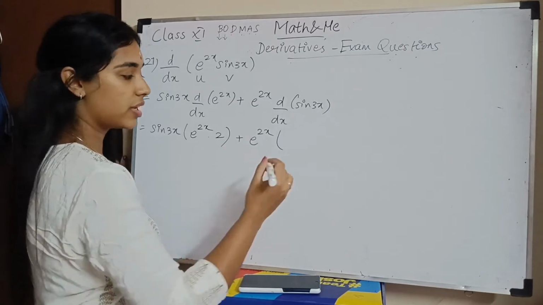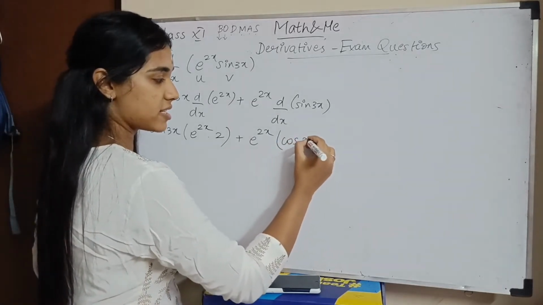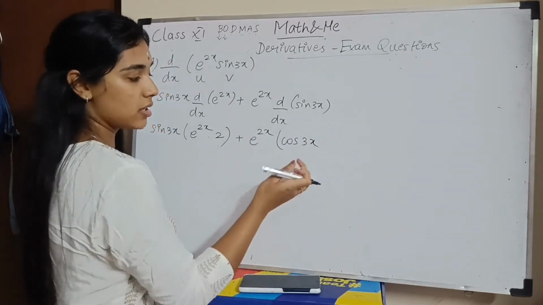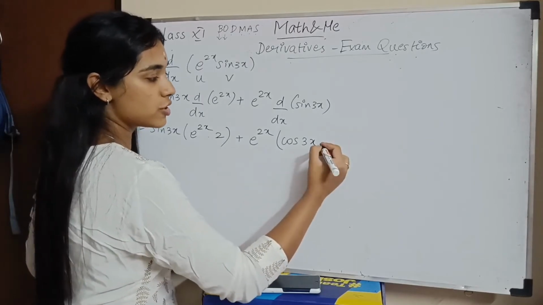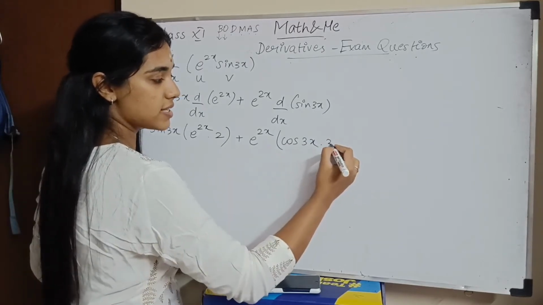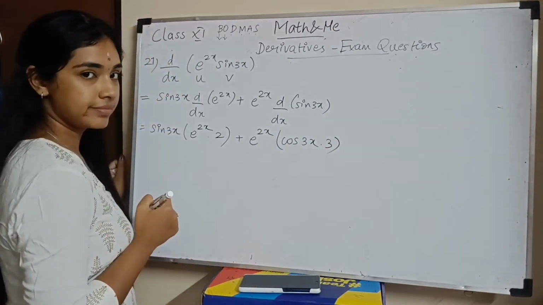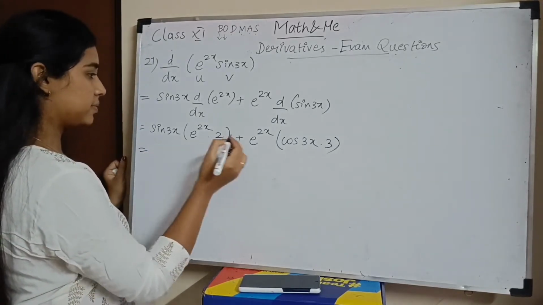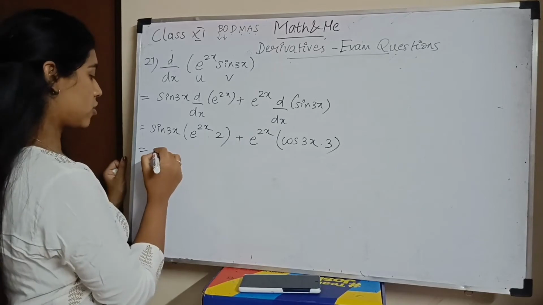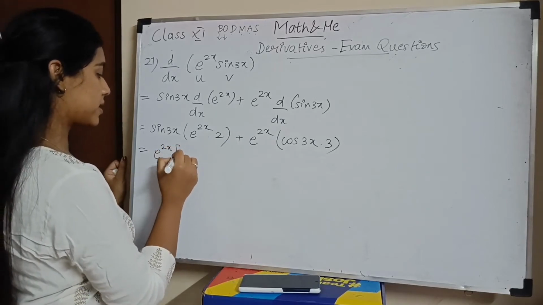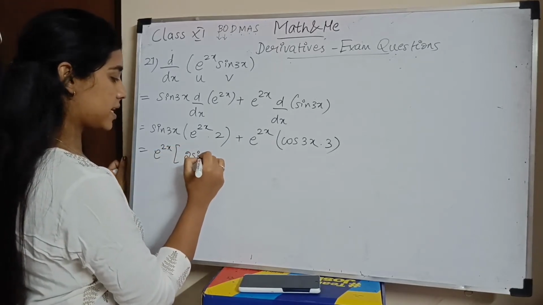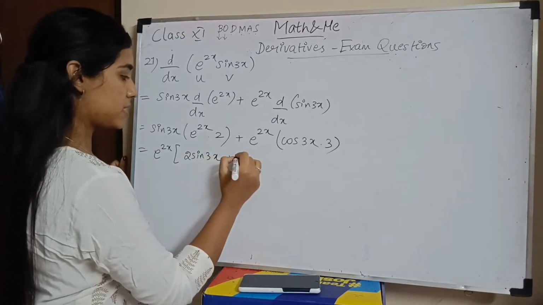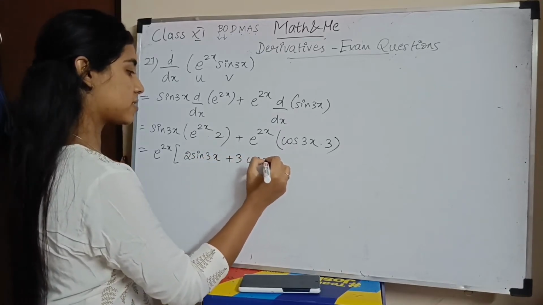Derivative of sin x is cos x, where your x is 3x. Now you have this function, so d by dx of 3x is 3. Clear? So I take this 2 out, I take e to the 2x in common. e to the 2x times 2 sin 3x plus 3 cos 3x.